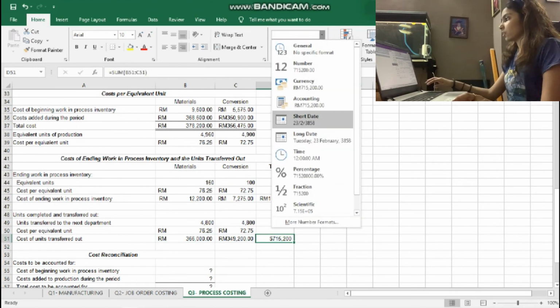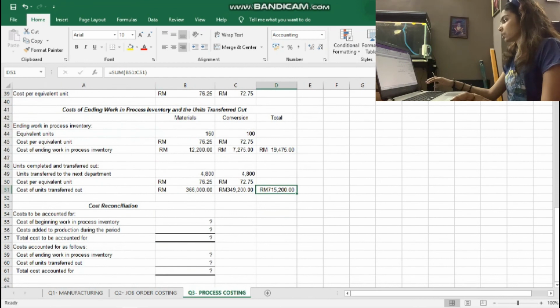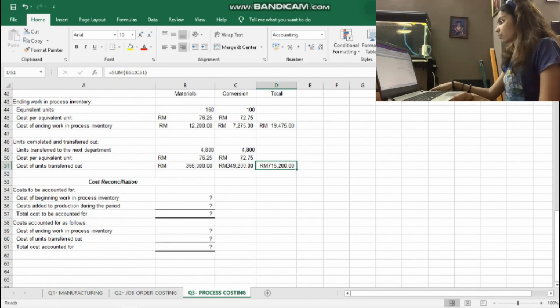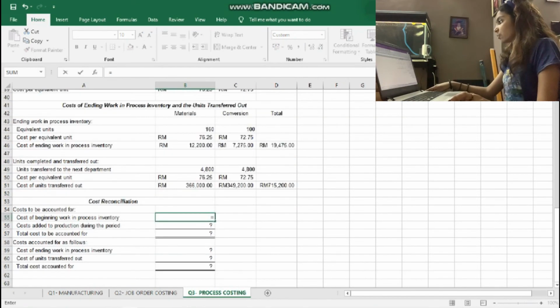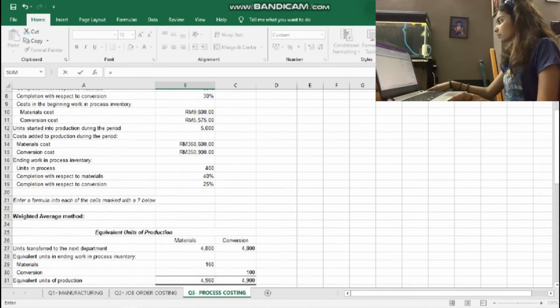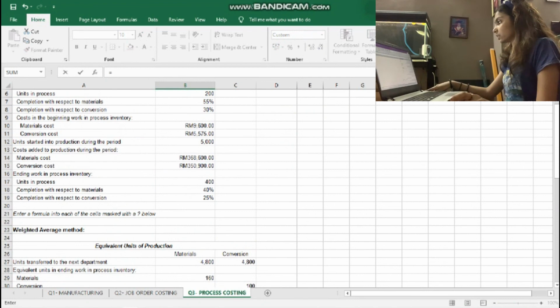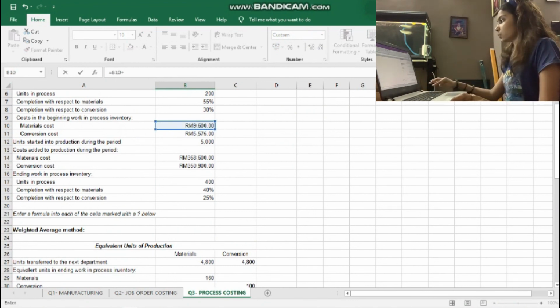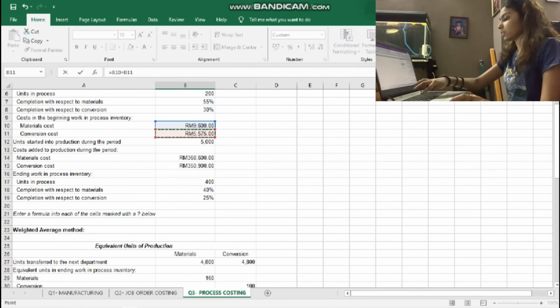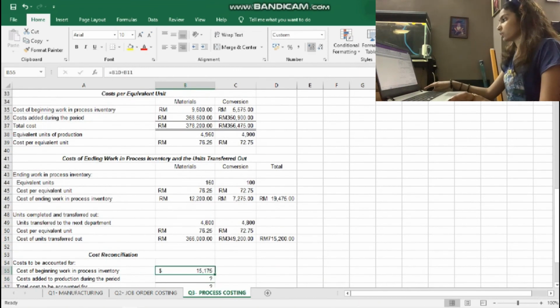715,200. Okay, so for the cost reconciliation, cost to be accounted for, cost of beginning work in process inventory. Cost of beginning work in process inventory, we have to plus both of this, material cost plus with conversion cost, we will get 15,175 ringgit.